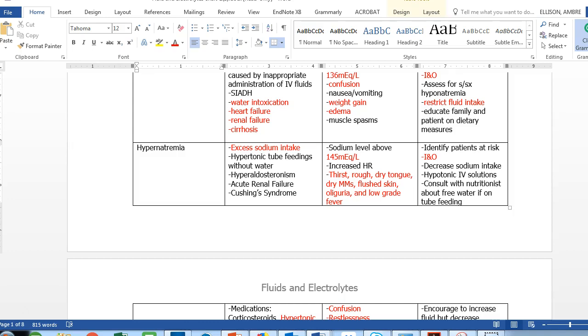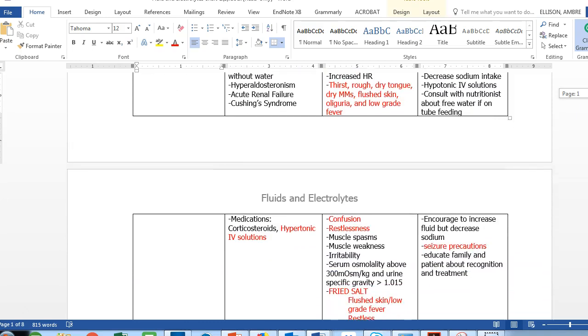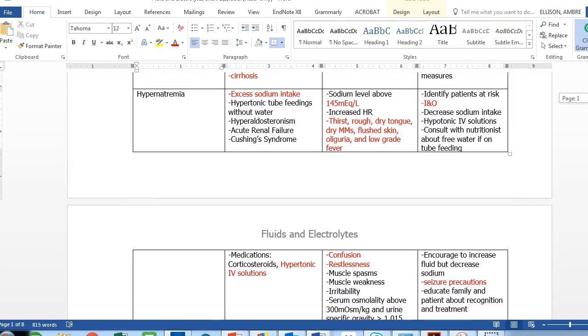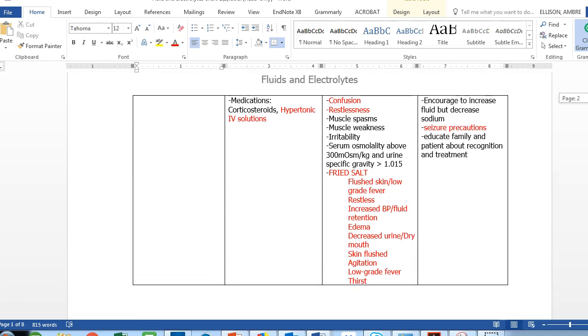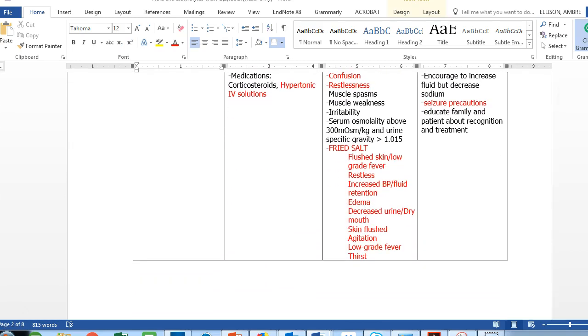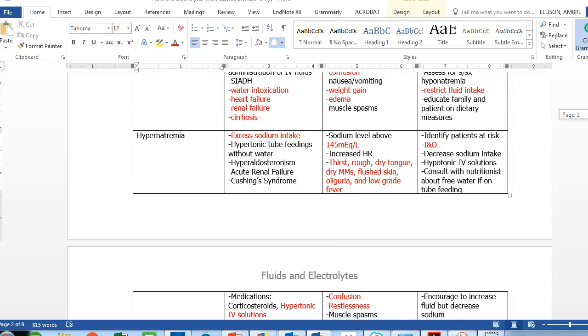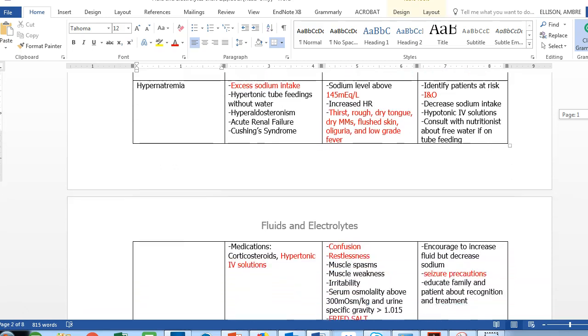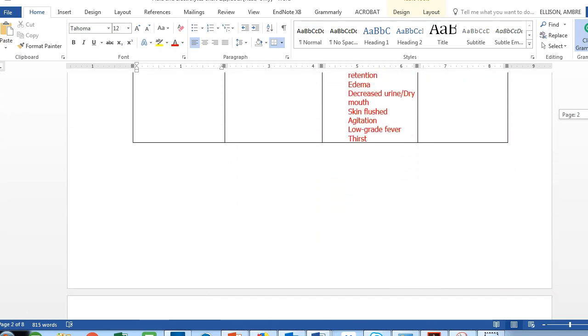Your symptoms: your patient is going to be thirsty, they're going to have a dry tongue, dry mucous membranes, flushed skin, they're going to hold on to their urine, they may have a low-grade fever. They also could be confused or restless. Remember the acronym FRIED SALT, which is right there for you. And then you're going to do eyes, nose, and you're going to put them on seizure precautions.